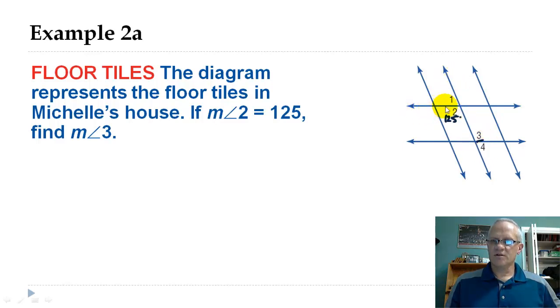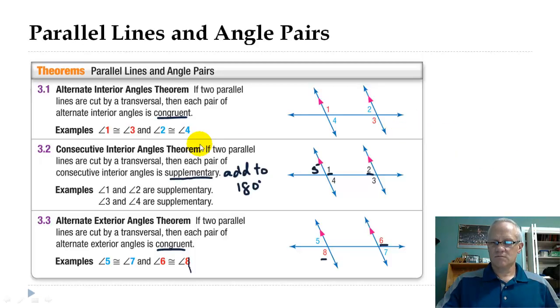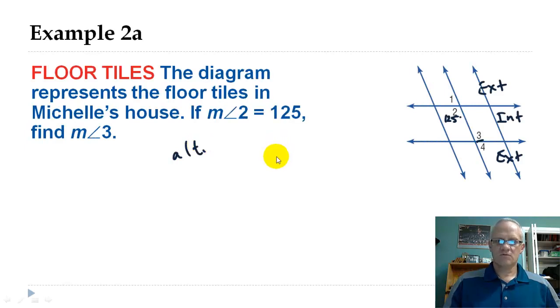Okay, so the two parallel lines are these ones right here. So this is interior and these are exterior. Interior is in here, exterior, exterior. So both of these are interior. So what is that going to be? They're both interior, so they're alternate interior angles.